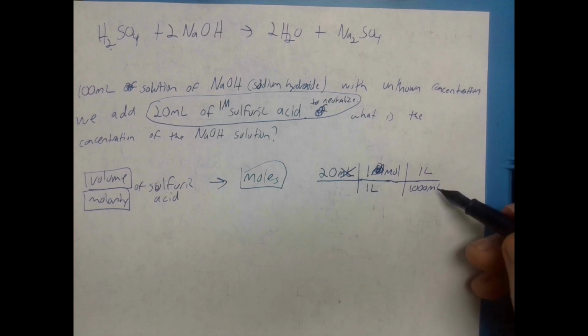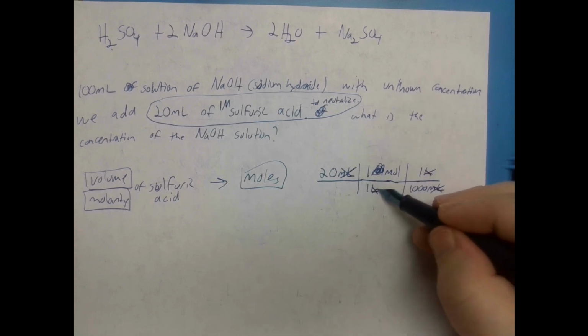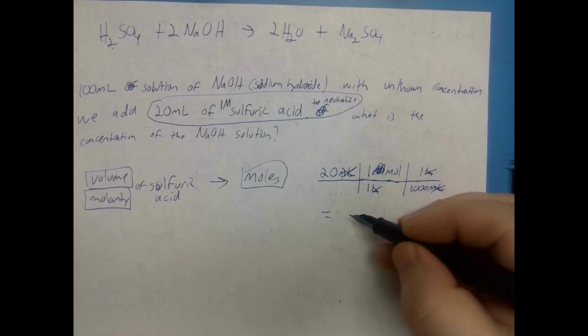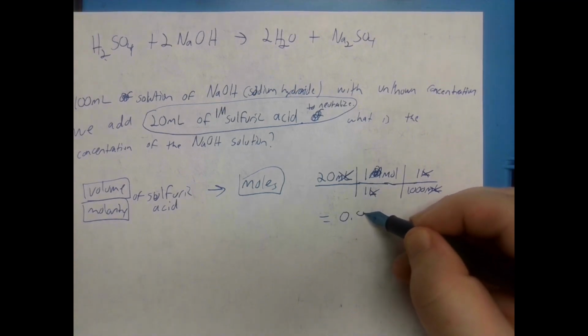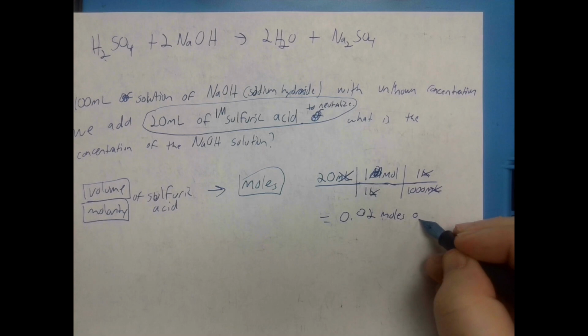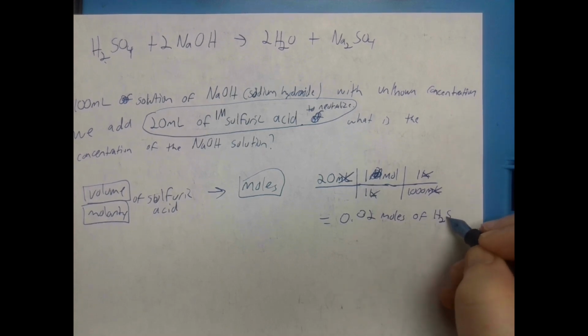So milliliters cancel out, liters cancel out, leaving us with moles. So 20 times, and we can ignore all the ones, so it's 20 divided by 1,000. So that is 0.02 moles of H2SO4.